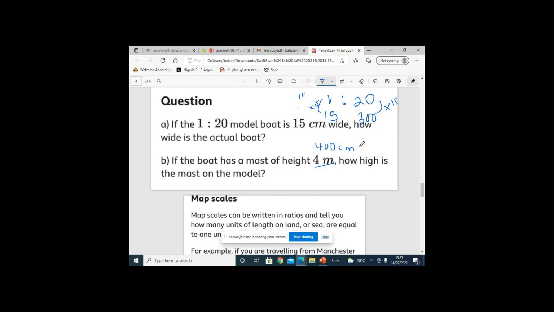It's 1 to 20. So if the boat has a mast of this height, how high is the mast on the model?